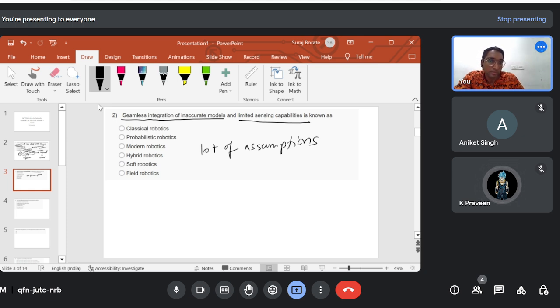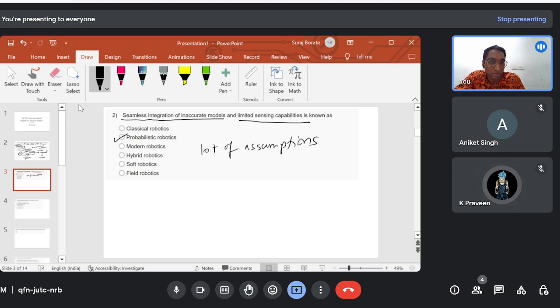And with limited sensing capabilities, even if you have a sensor there, it will have some variance, or you may have fewer sensors than required. When so many uncertainties are present in a robot, we need something to derive the best possible estimate or information from all this uncertain data, and that is done using the field of probabilistic robotics.